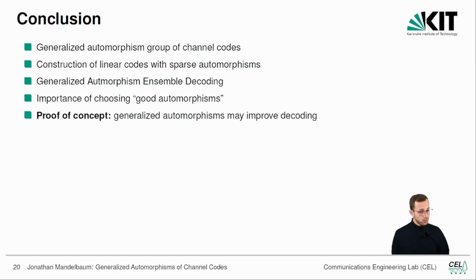We introduced a new, more general definition of the generalized automorphism group of channel codes, which is inspired by the definition in linear algebra. Then we also presented a code construction method of linear codes with designed sparse automorphisms, enabling us to investigate how codes with different automorphisms behave in automorphism ensemble decoding to better understand its concept.